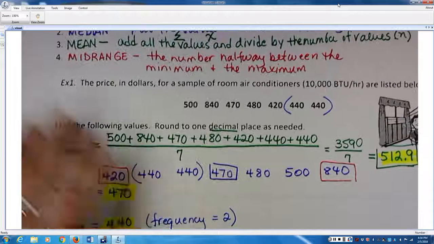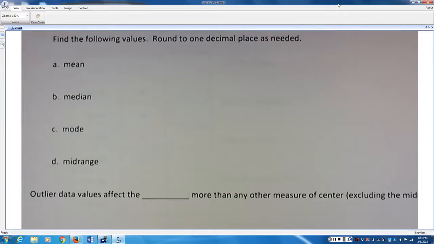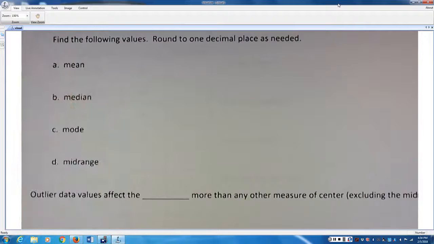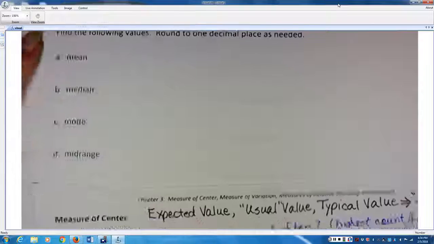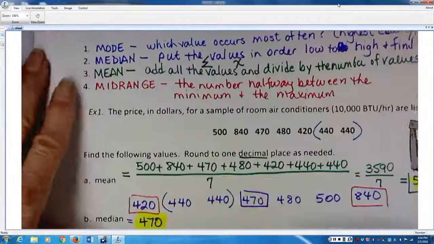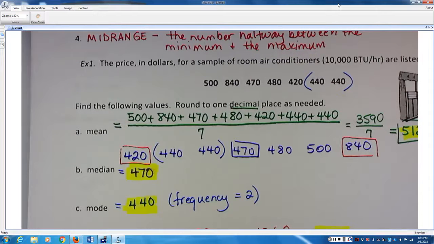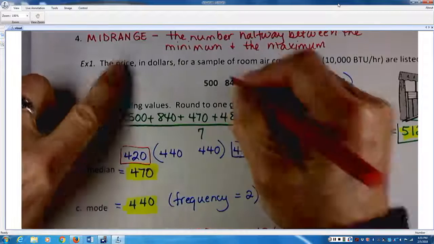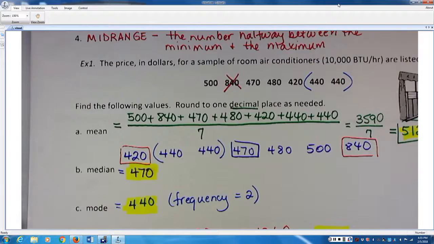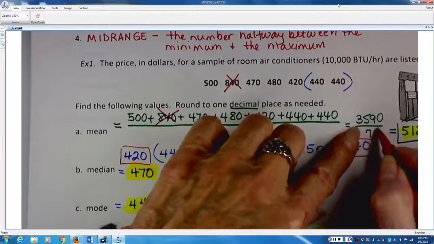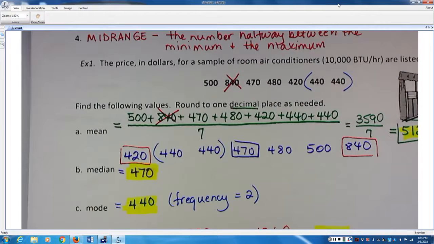So here's the thing. What we would want to do then to actually calculate this, and it doesn't take long, I'm going to show you that it doesn't take long at all, is we're going to leave out that 840. And I'm actually going to write the numbers on the other sheet, but we're going to work from the sheet we already have, because we can be done in about 1 minute if we work from there. If I leave out that $840, what that does is it makes that $35.90 $840 less.